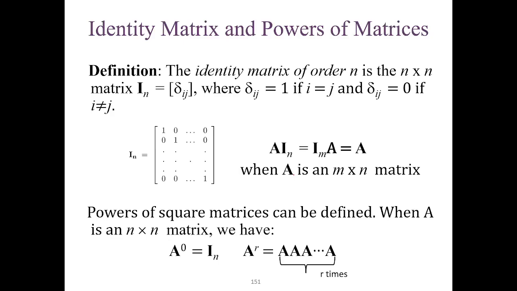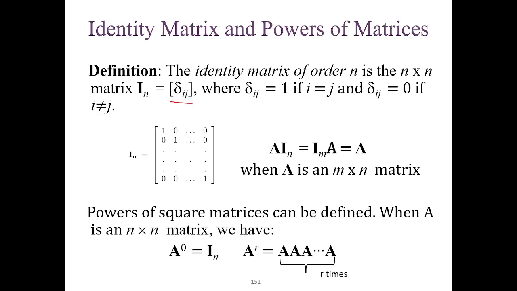Okay, next one is the identity matrix. The identity matrix is defined for a square n by n matrix. We will use delta as the notation of the entry. So delta ij means each element, with row index i and column index j.